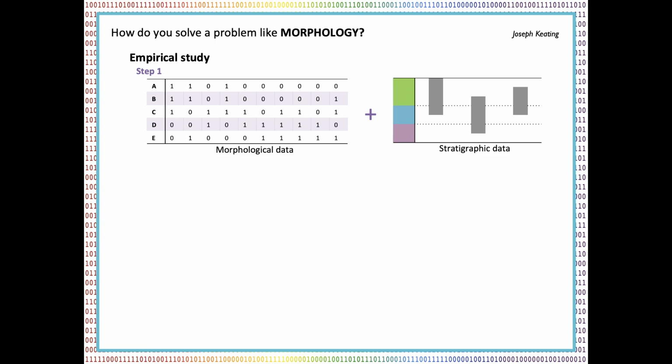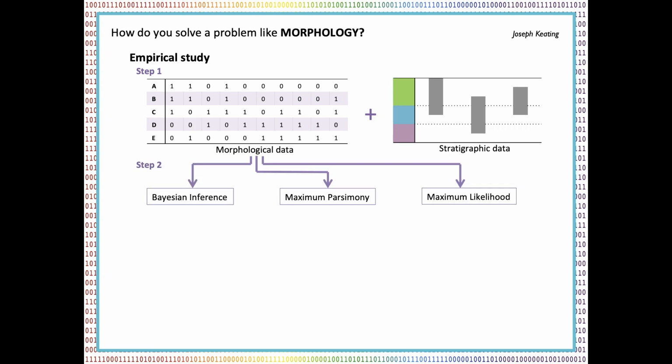In order to compare the stratigraphic congruence of different morphological phylogenetic methods, we first need a published morphological matrix and associated stratigraphic data. We then estimate a tree using each method and measure the stratigraphic congruence of each tree using our chosen stratigraphic congruence index.